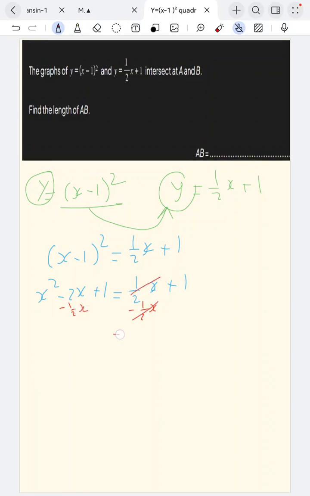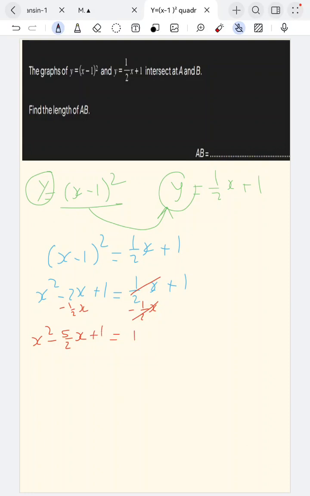So it will be x squared and negative 2x, negative half x. Both of them are negatives, so it's going to be negative 2.5 x, or negative 5 over 2 x. 2.5 could be 5 over 2. And then plus 1 equals 1.